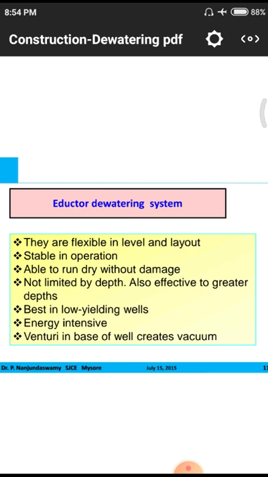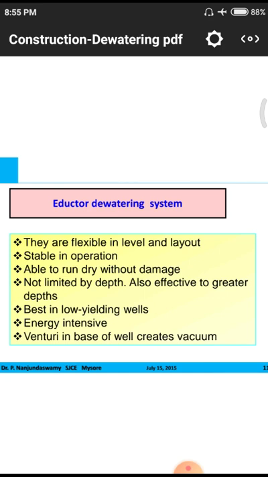Low yielding means normally these kinds of dewatering systems are employed in petroleum and other purposes. Simply they will go for these kinds of systems for dewatering wells. Next one is energy intensive. It consumes a huge amount of energy. Why?